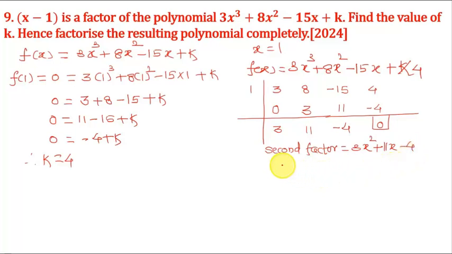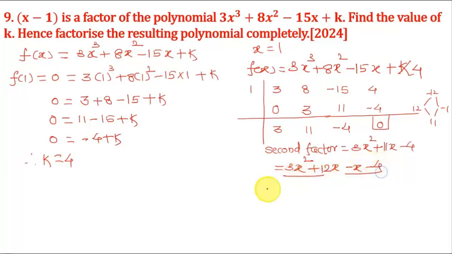Now again factorize this. 3 into minus 4, minus 12. Okay, product is minus 12 and sum should be 11. What are the numbers? The numbers are plus 12 and minus 1. Okay, therefore here 3x square plus 12x minus x minus 4.